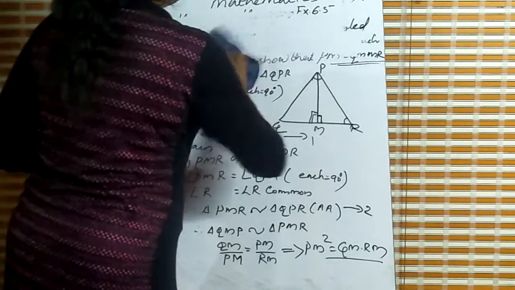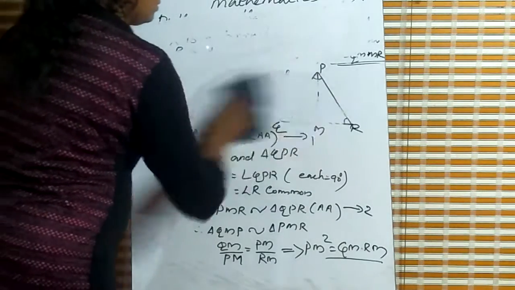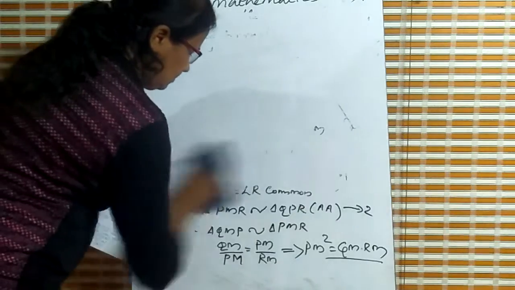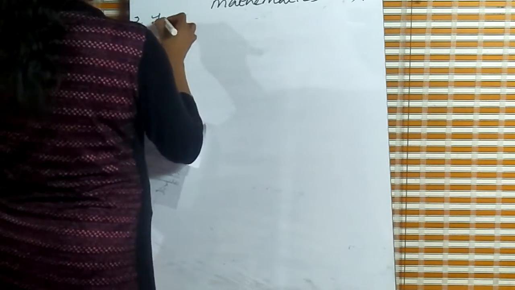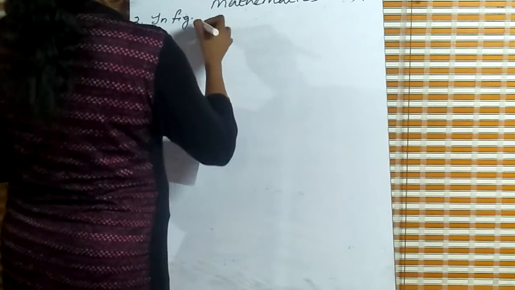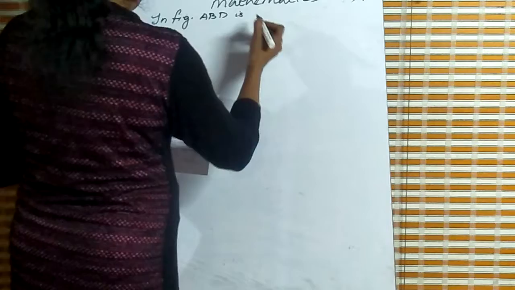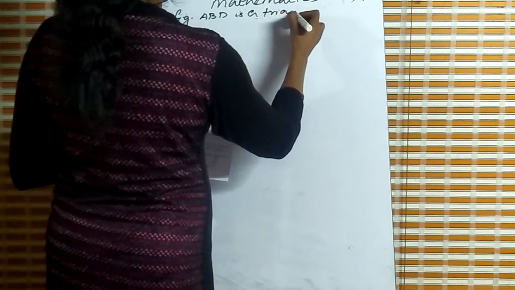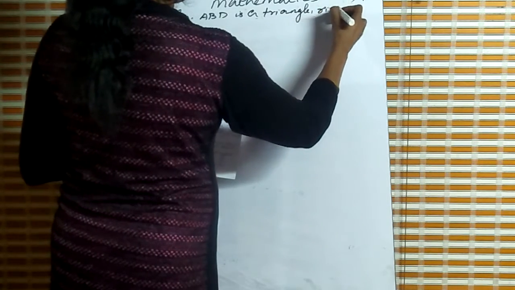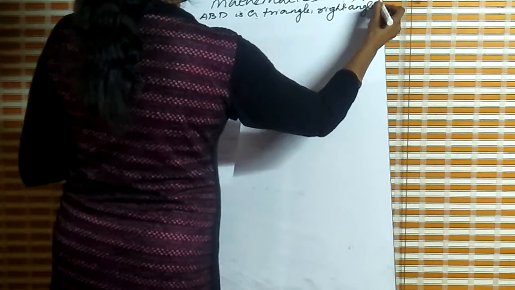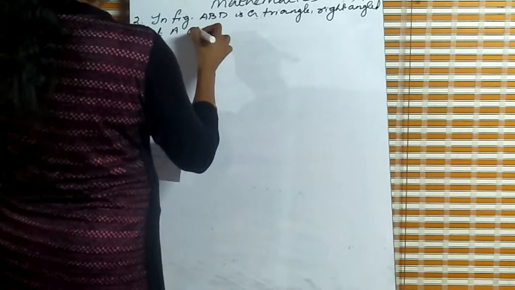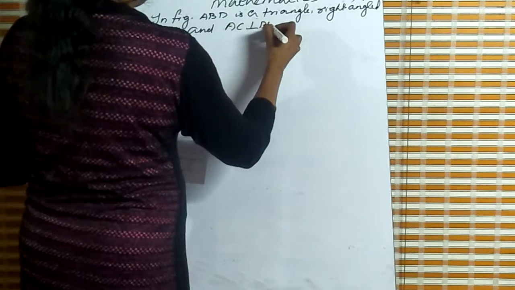Second question. Question number 2. In the figure, ABD is a triangle right angled at A and AC is perpendicular to BD.